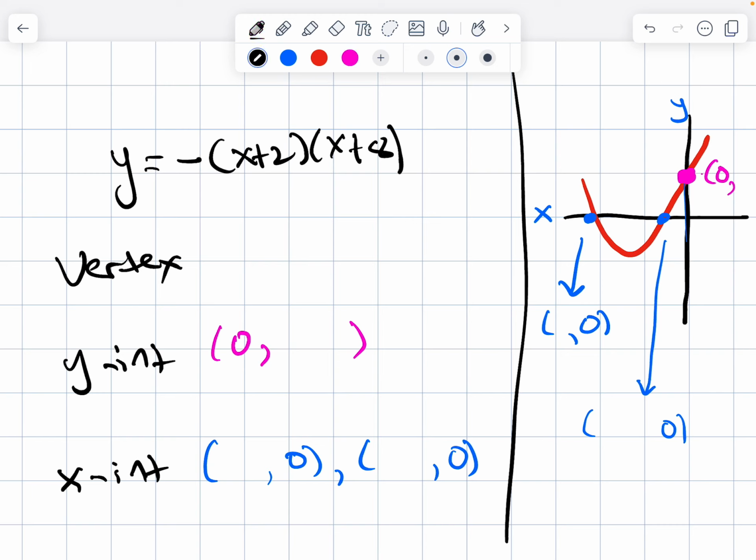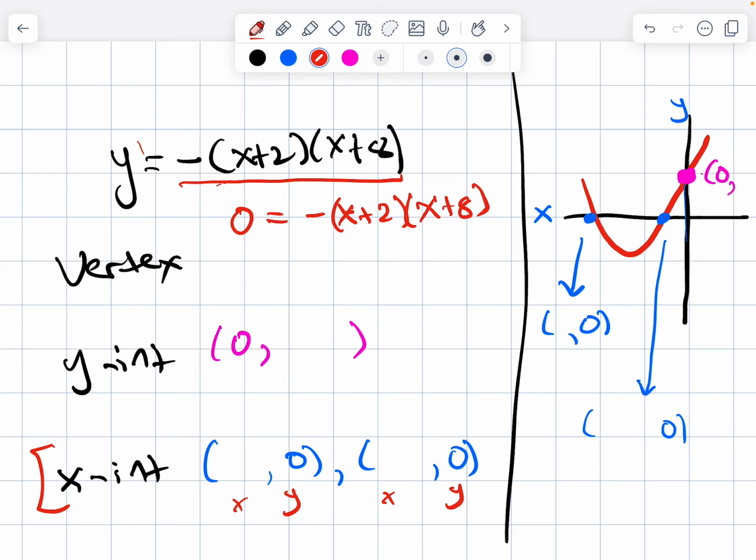Here we have this question in factored form. The thing that factored form is good for is it tells us what our x-intercepts are. So again, we're looking for where the y value is 0. So we're looking for a value that makes this equal to 0.